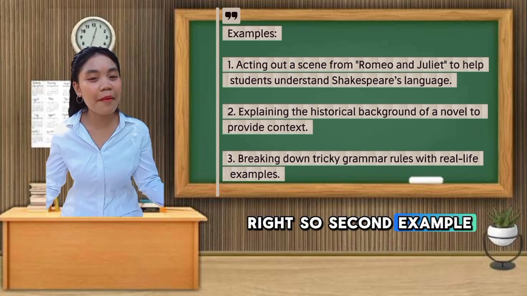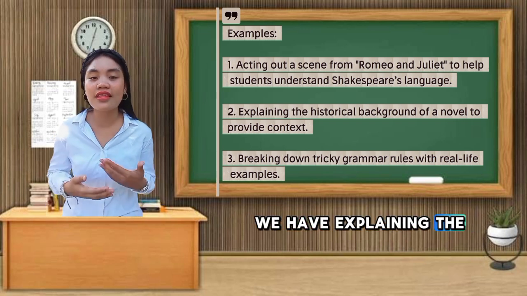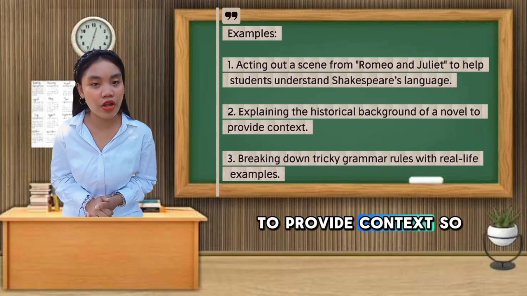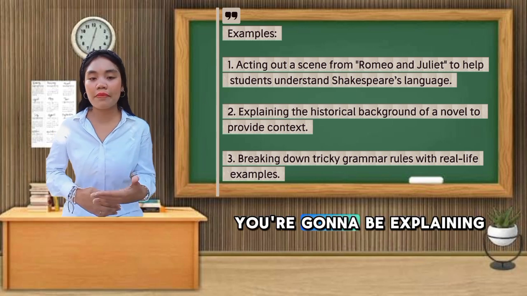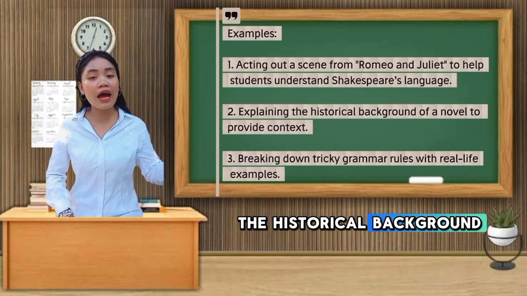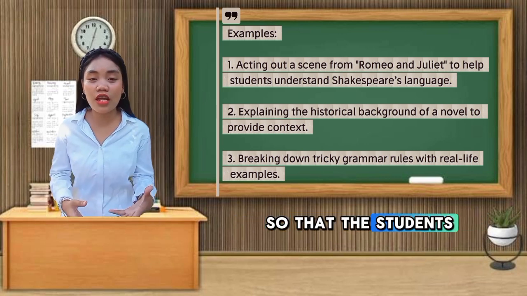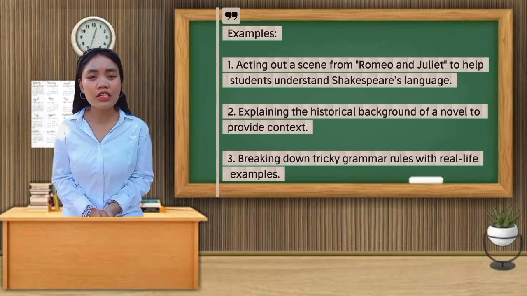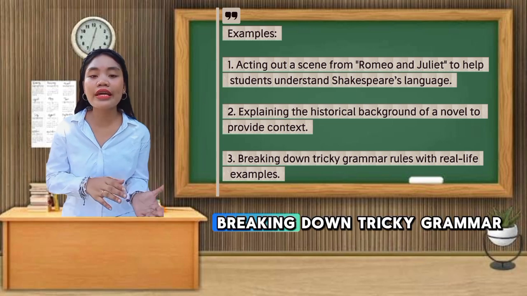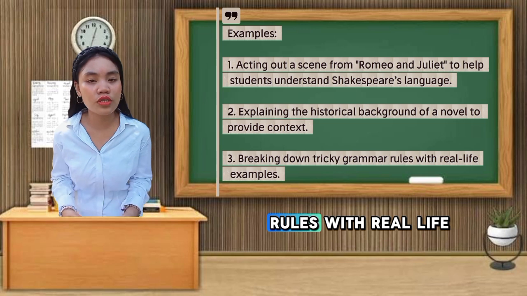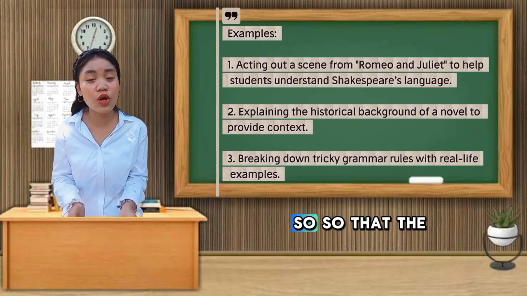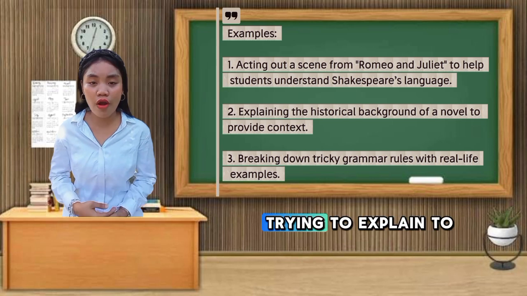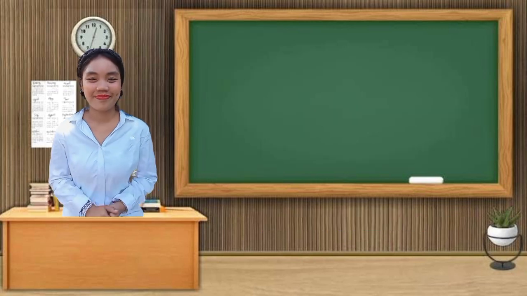Second example, explaining the historical background of a novel to provide context, so the students will really understand it. Another example, breaking down tricky grammar rules with real life examples, so that the students will really understand what you are trying to explain to them.